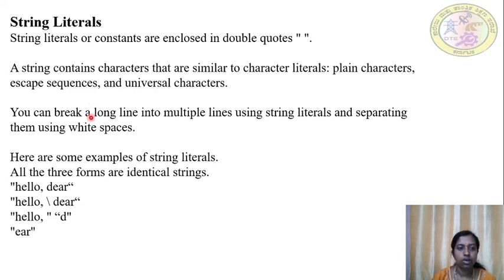You can break a long line into multiple lines using string literals and separating them using white spaces. In one more way, a string is a group of letters enclosed within double quotation marks.